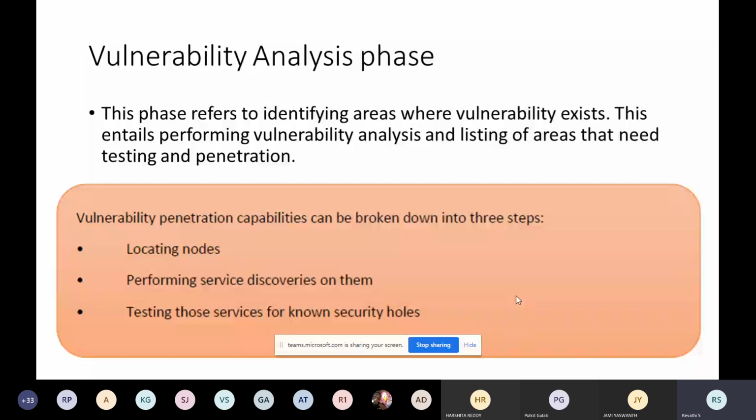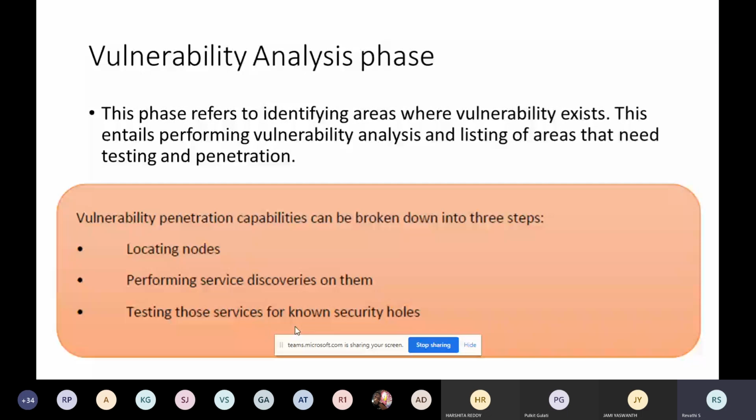For every host connected to the nodes, it will understand what the services provided are. So that will be the next step. Then for every service, it will check for security holes. Like what we did in our lab class, we had Kali Linux and Metasploitable, and we performed Nmap scanning and understood, okay, these are the open ports.